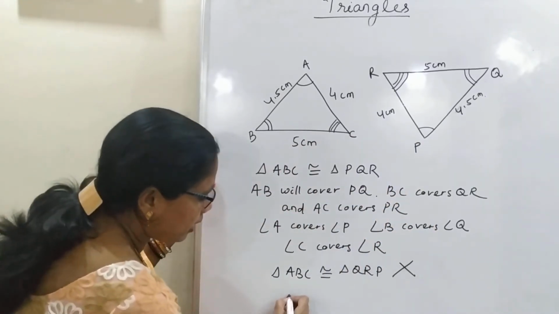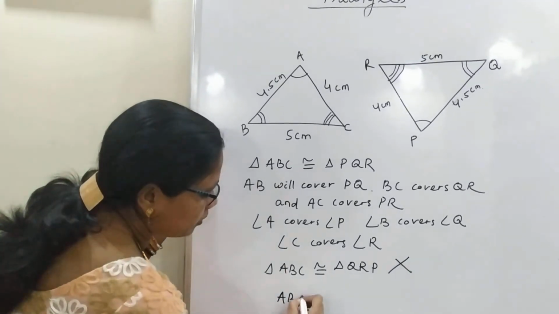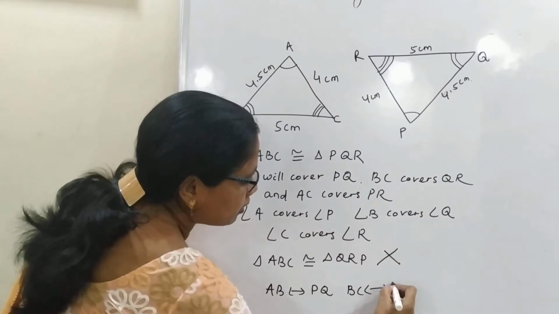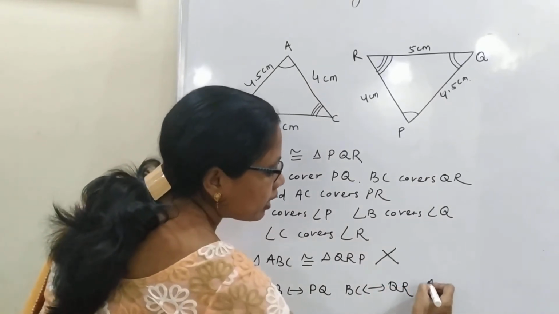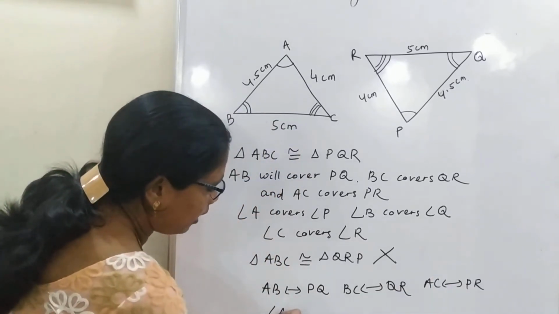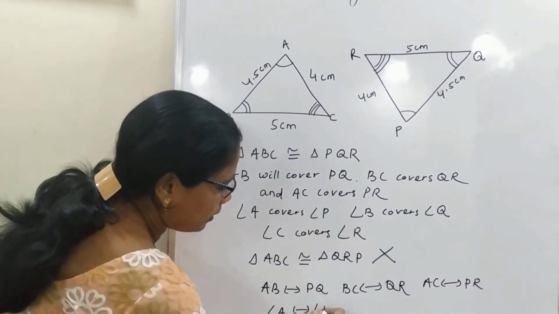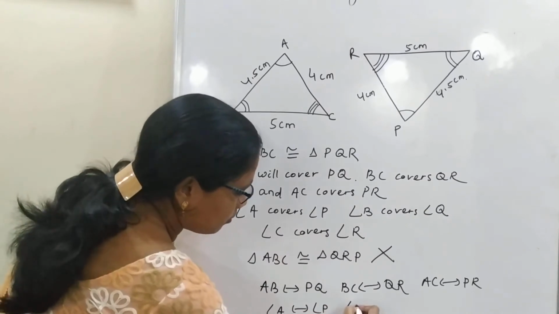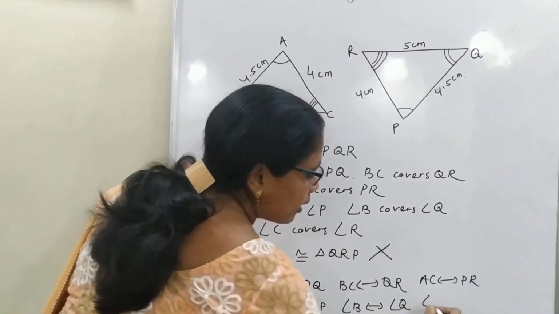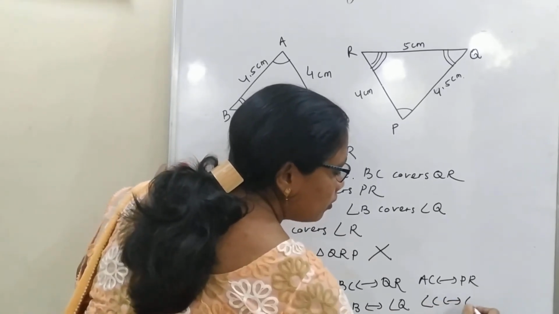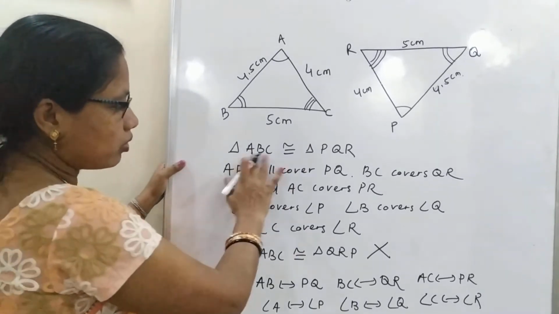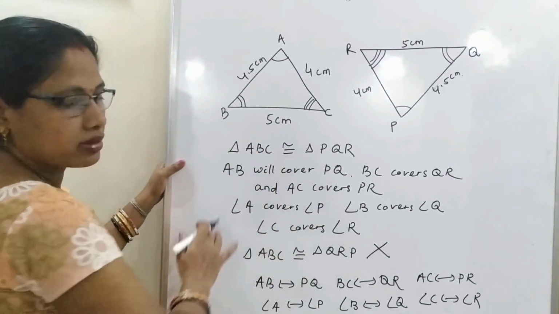That means AB corresponds to PQ, BC corresponds to QR, and AC corresponds to PR. Like this, angle A corresponds to angle P, angle B corresponds to angle Q, and angle C corresponds to angle R. In this way we can write the congruence.